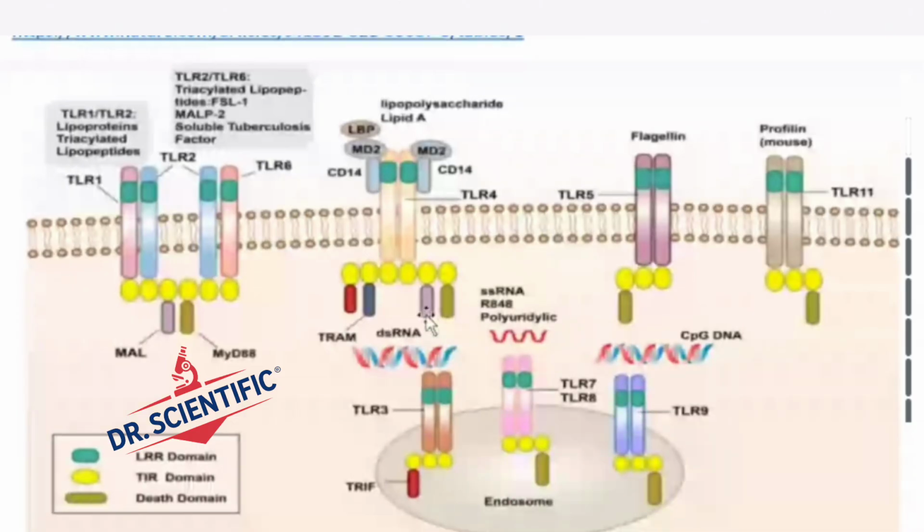So double-stranded RNA will be detected as foreign, and that is the molecular pattern that is going to be picked. Human beings do not have DNA that is full of cytosine and guanine. It is balanced. So if you see DNA that is full of CpG, then that is foreign DNA. The body is able to detect it as foreign and so on and so forth.